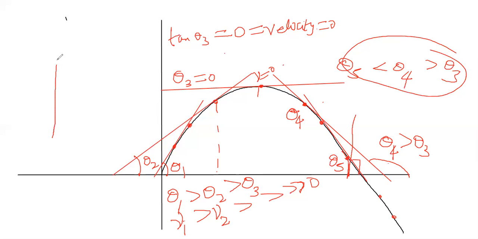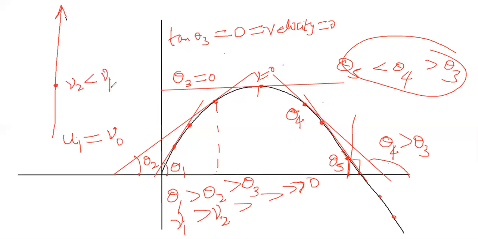If you throw a body vertically upwards, what happens? Initially the velocity will be v, or u, or v naught, we can call it anything. What happens somewhere in the middle here? Velocity will decrease or not? V2 will be less than V1, no doubt about it.